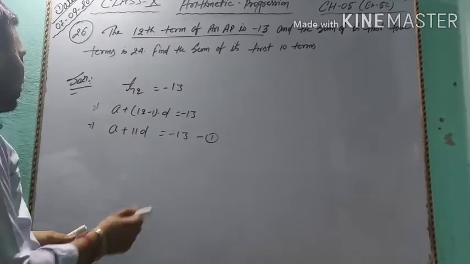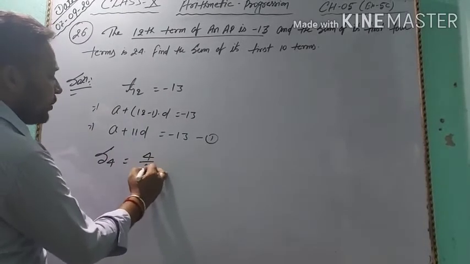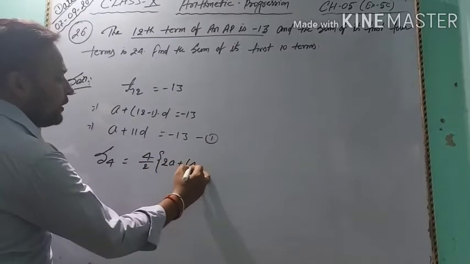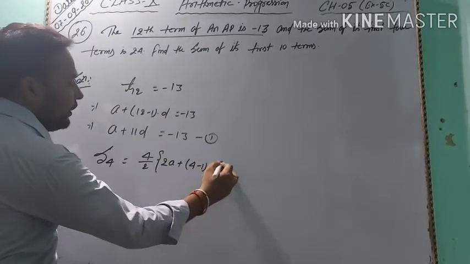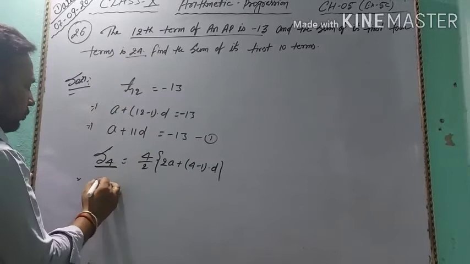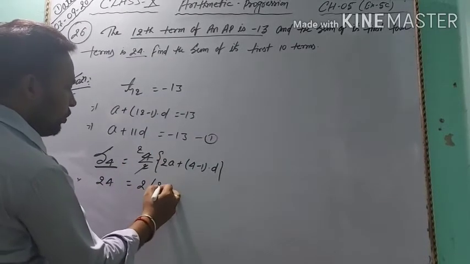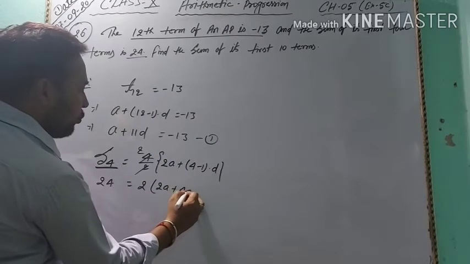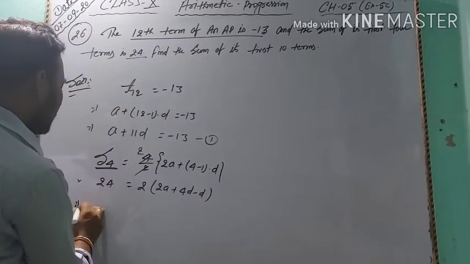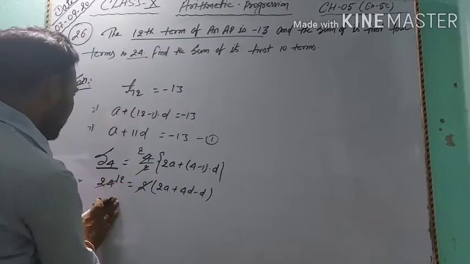And the sum of its first 4 terms is 24, that is S4. S4 equal to n by 2 into (2A plus (4 minus 1) into D). So S4 equal to 24. 2 twos are 4... 24 equals 4 by 2 into (2A plus 4D minus D). 24 divided by 2 is 12.